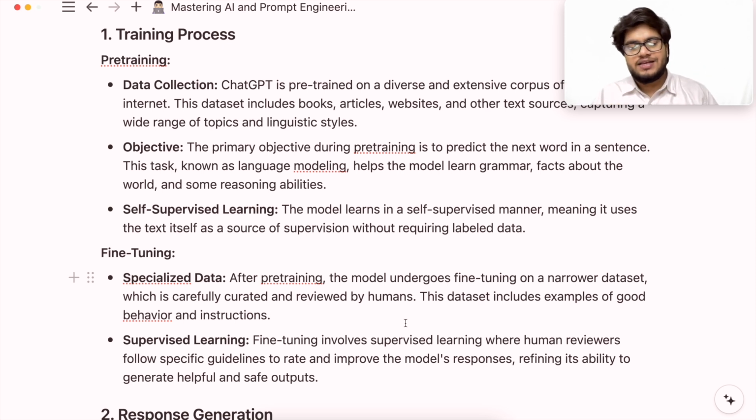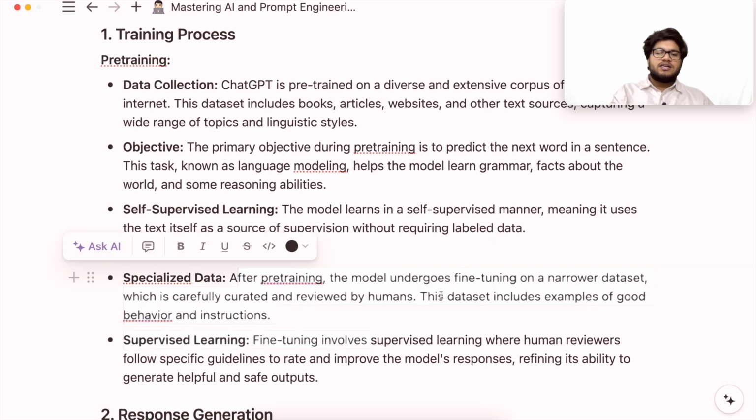Pre-training is basically a very broad concept. If we ask what the symptoms of a particular disease are, first in pre-training it will go over all the diseases. It will think I'm asking about symptoms for a disease. Now it will fine-tune according to cough and cold. After pre-training, the model undergoes fine-tuning on a narrow dataset which is carefully curated and reviewed by humans.